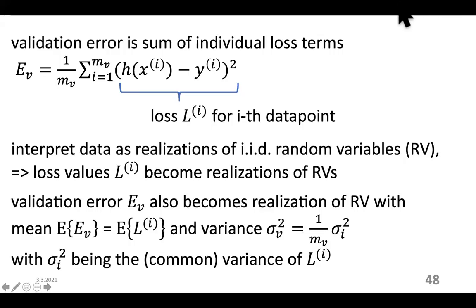Yeah, and then the question here is, of course, how do you get this variance for the loss components? And for this you must assume a probabilistic model. And I have worked this out in section 6.4 of the course book, where I assume a simple probabilistic model. So I assume that the feature vectors are multivariate normal distributed, and then I can write down formulas for the variance of the validation error.